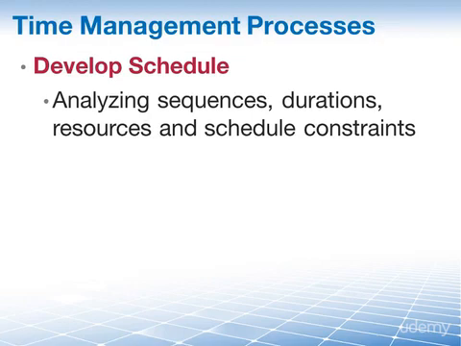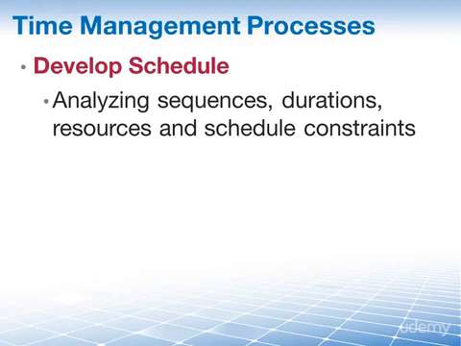So, develop schedule, the process of analyzing activity sequence, durations, resource requirements, and schedule constraints to create the project schedule model. And you can tell by the definition here, the activity sequences, durations, resource requirements, schedule constraints, all of this was defined in the previous processes for the develop schedule activities.